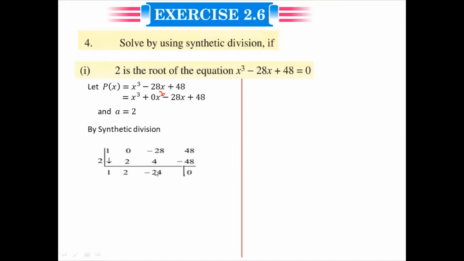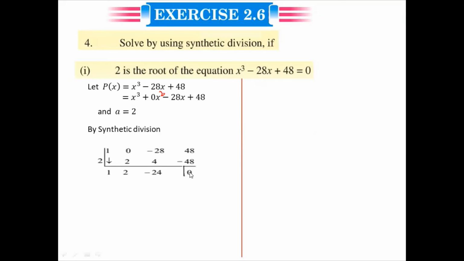Again we multiply this minus 24 with 2. We have minus 48, and we write this minus 48 under 48. When we add these two numbers, we have 0. Since 2 is the root or zero of this given polynomial, the remainder must be equal to 0.